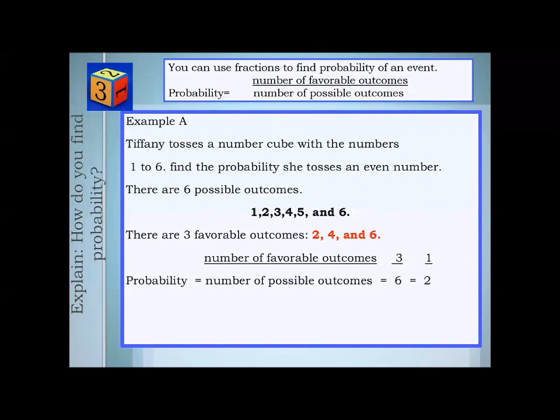And the possible outcomes are 1, 2, 3, 4, 5, 6. That's 6 numbers. So it is 3 to 6 or 3/6. Simplified fraction, 1/2. So the probability that Tiffany tosses an even number is half.